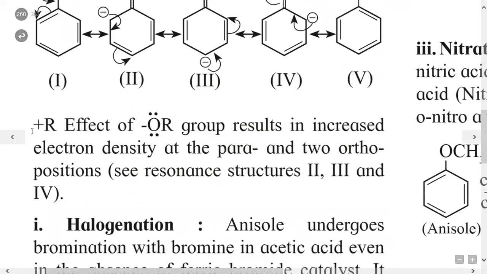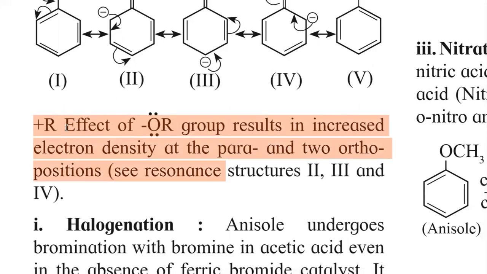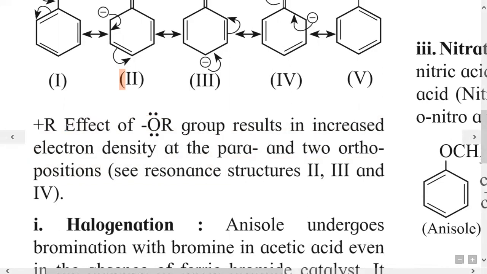Similarly, this plus R effect of the alkoxy group results in an increase in the electron density at the para and both ortho positions, and this is observed in structures 2, 3 and 4, that is negative charge at ortho position, para position and ortho position.